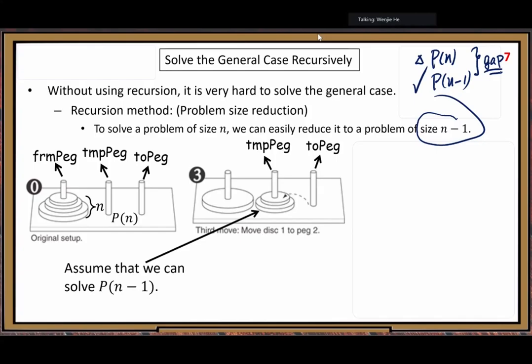We need to apply the solution of P of n minus 1, and we assume we have it, based on the recursive thinking. After you understand how recursion works inside a computer's high-level language, you have the confidence for this step.